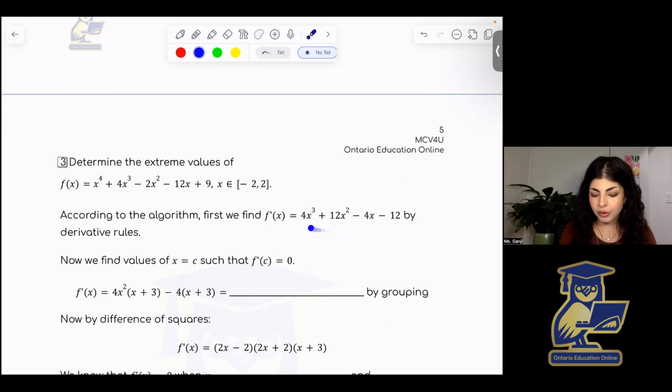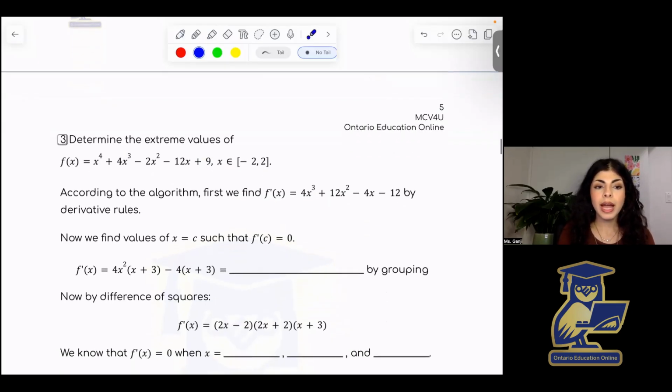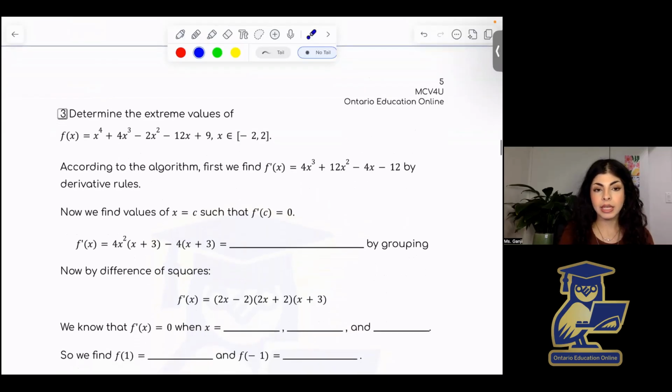I'm just applying derivative rules here, so I get 4x cubed plus 12x squared, and -4x, and then -12, and the 9 just is a constant, so the derivative is 0. So now we want to find values of x is equal to c. And the reason we write x is equal to c is because now we're specifying an exact point where f prime of c is equal to 0.